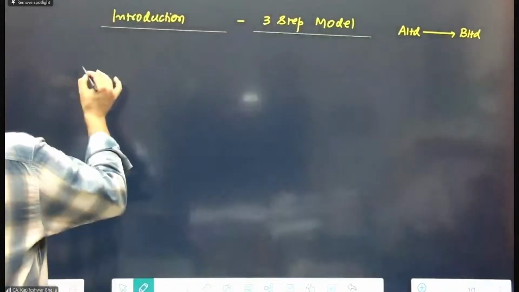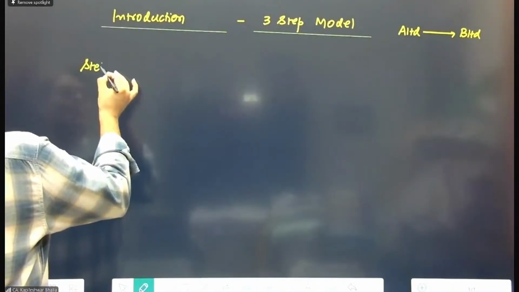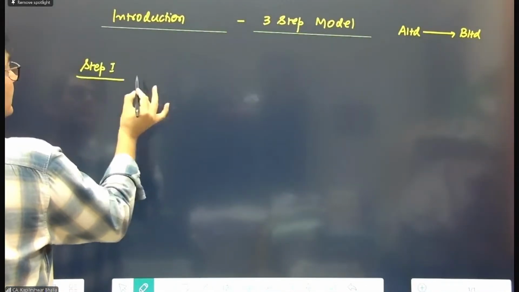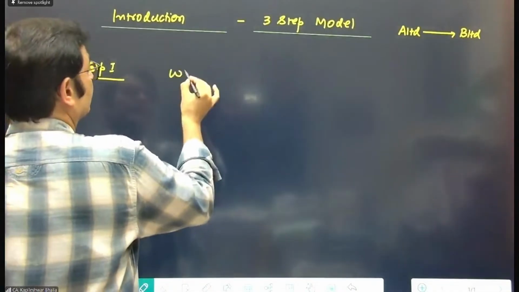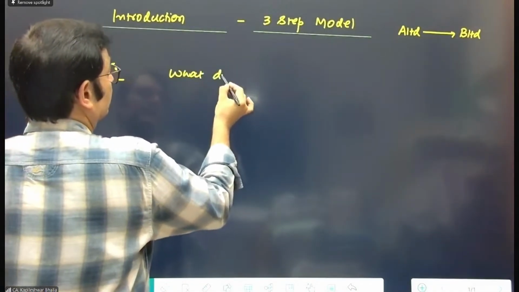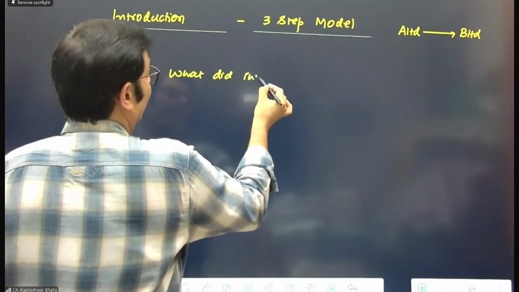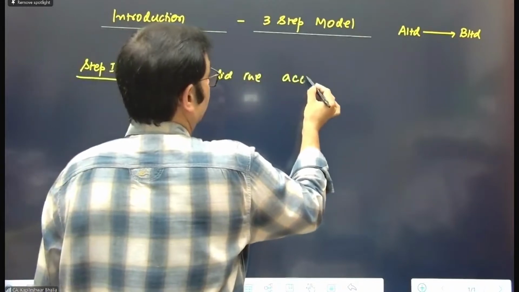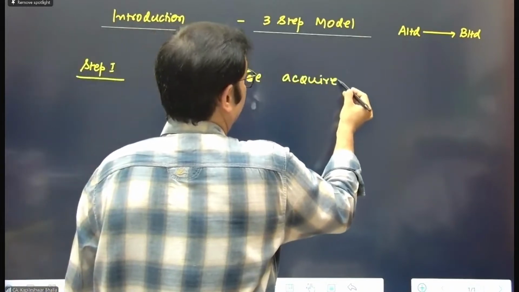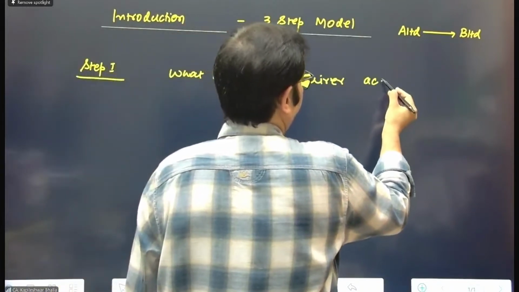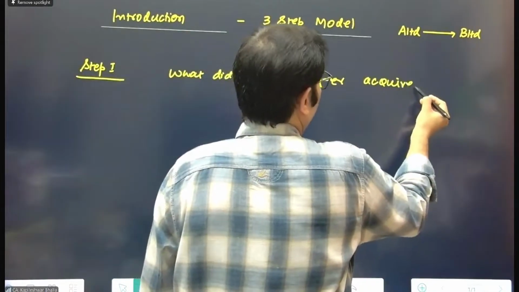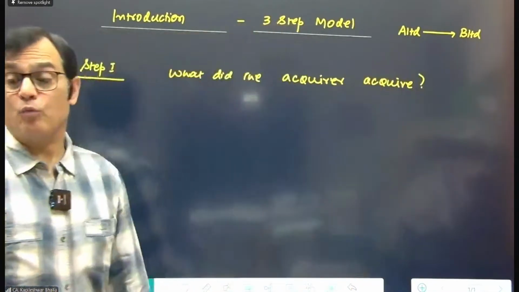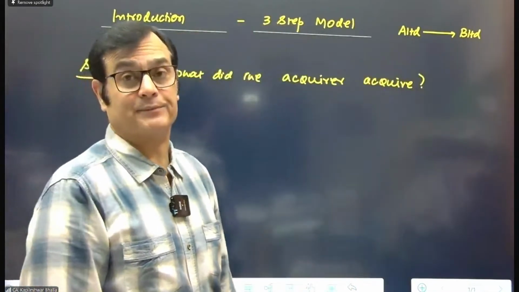So the very first step, step number one, we're going to put a question to A Limited: what did the acquirer acquire? The first question to be put across is, what did he actually acquire?